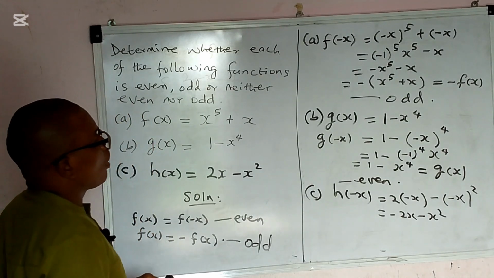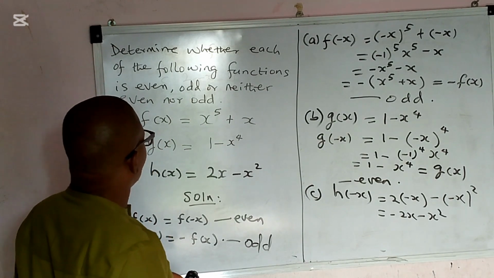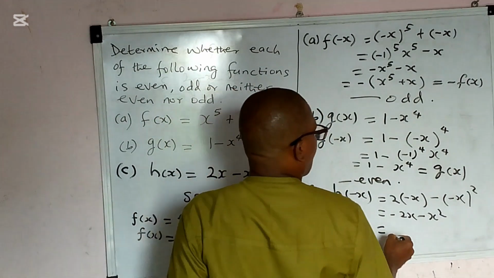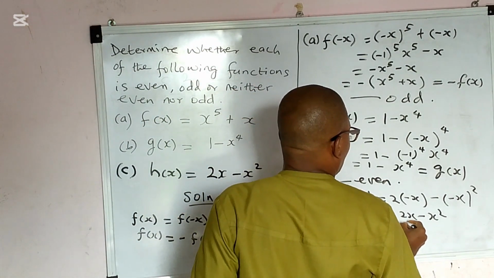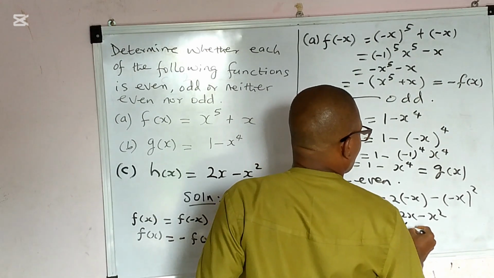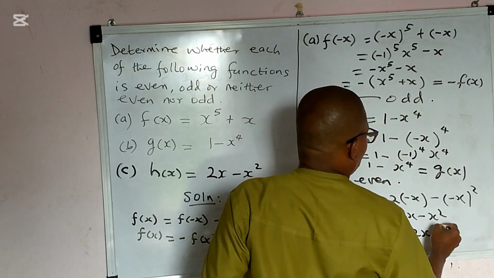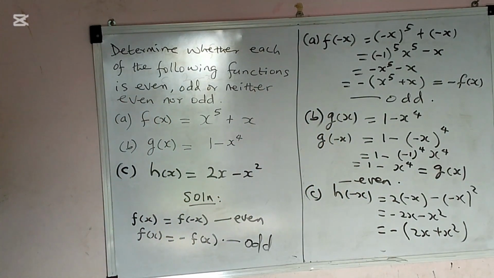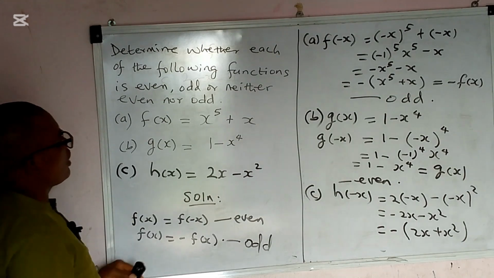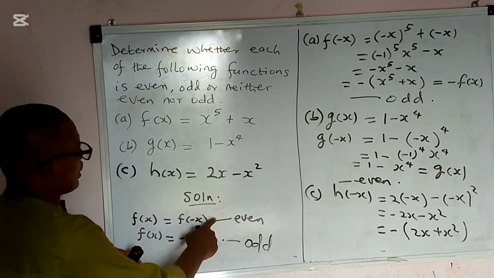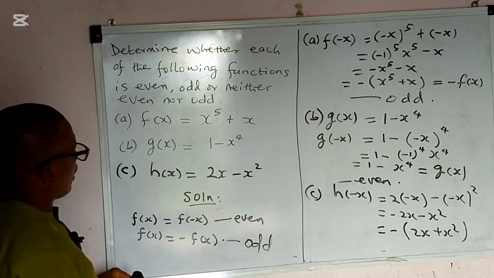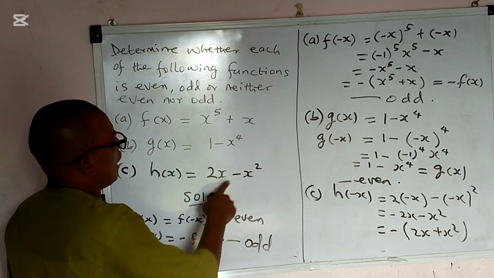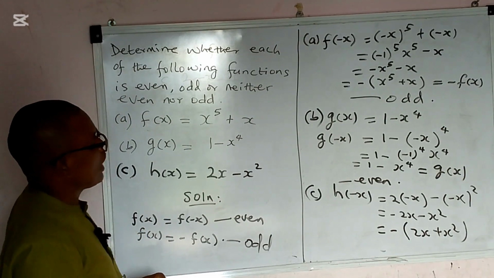And of course, when you look at that, this is equal to minus 1 into 2x plus x squared. If you look at this, it does not belong to this class or that class, because h of x is 2x minus x squared.